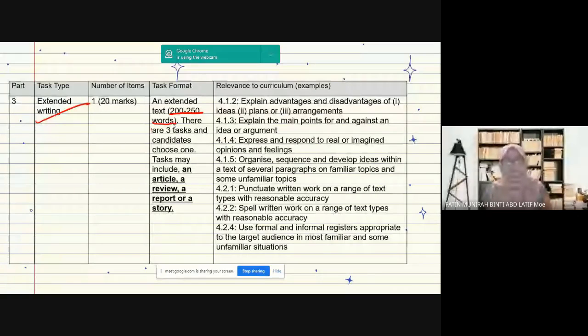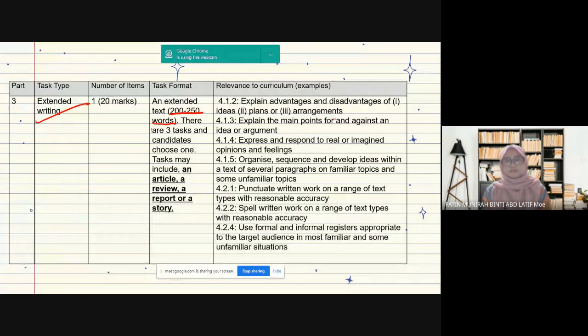I don't know whether they will have a formal letter or not for extended writing, but for your preparation, please look at the notes on formal letters. Okay, the relevance of having this extended writing is that you can explain the advantage and disadvantage of ideas, plans, or arrangement.